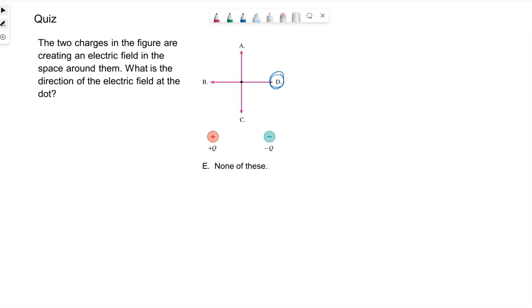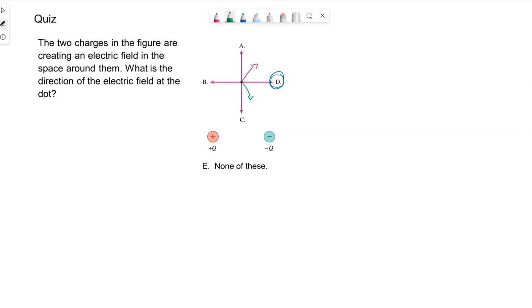Correct answer here is D. This dot appears to be directly in the middle between the two charges, of course offset upwards. So the positive charge would be creating its own field that points away. The negative charge will have its field pointing directly towards it. Those would have the same magnitude and angle.